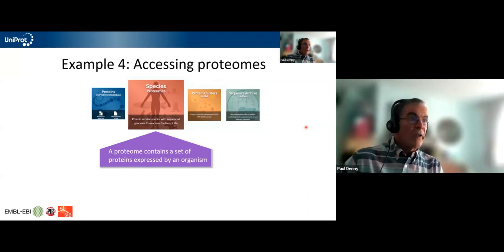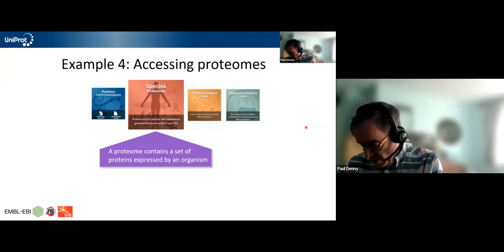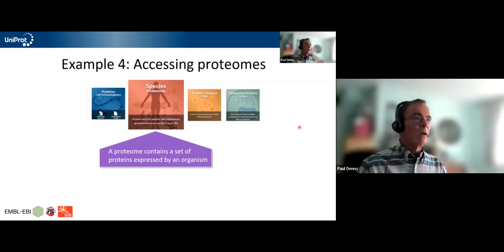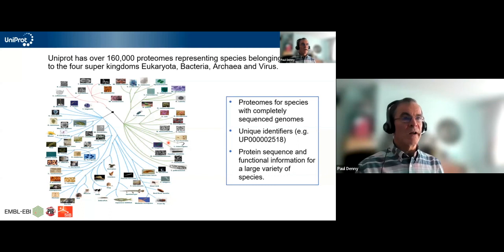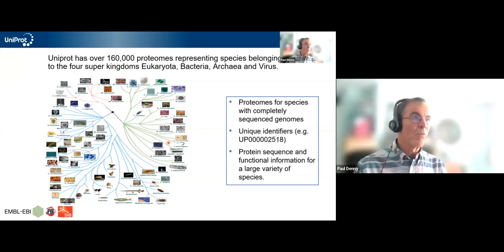Moving on to another example now. I mentioned proteomes at the beginning. And I said that it basically is a description of the complete set of proteins that an organism expresses. And this is a much abbreviated tree of life, the whole 4 super kingdoms of eukaryotes, bacteria, archaea, and viruses.